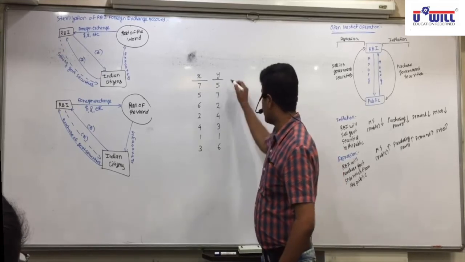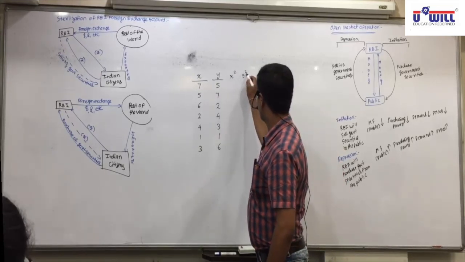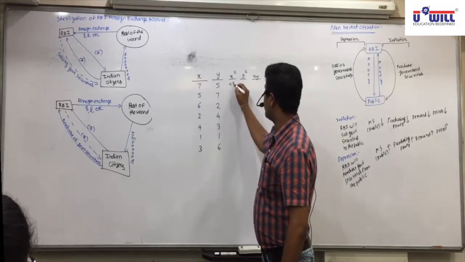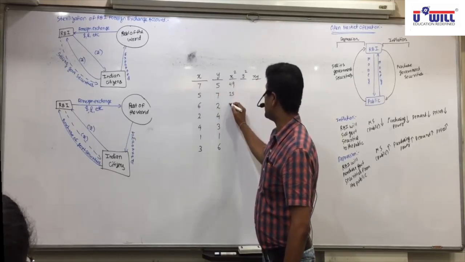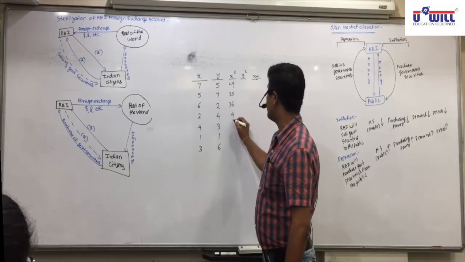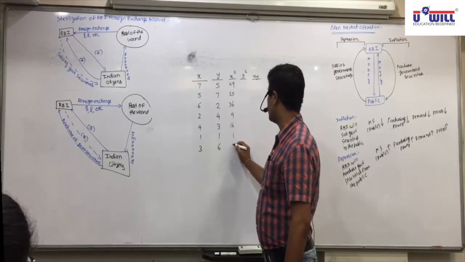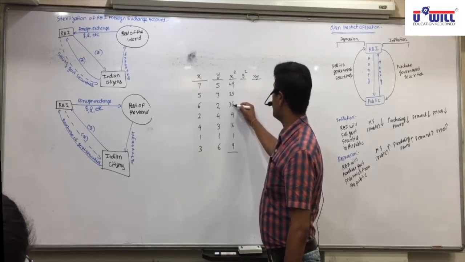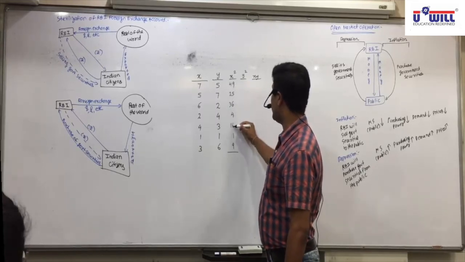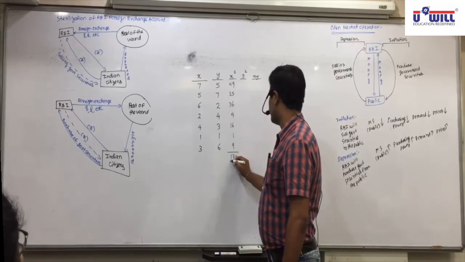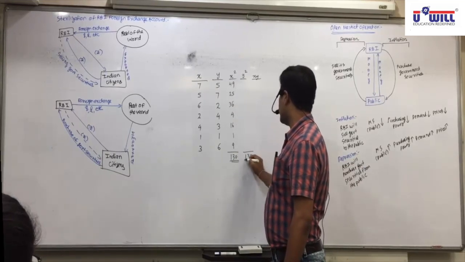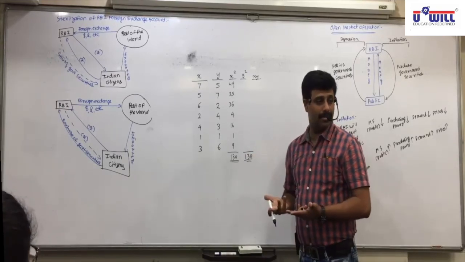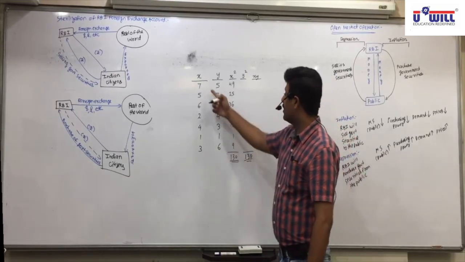Okay, see that. 7 square, 5 square, 6 square, 2 square, 4 square, 1: 49, 74, 110, 114, 120, 121, 130. This will also be 130. Same numbers are there here or there, so this will also come 130. 7 into 5.